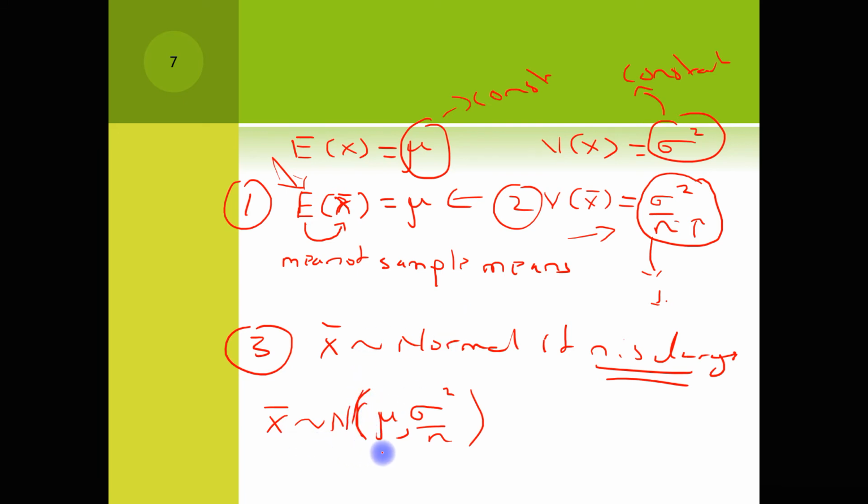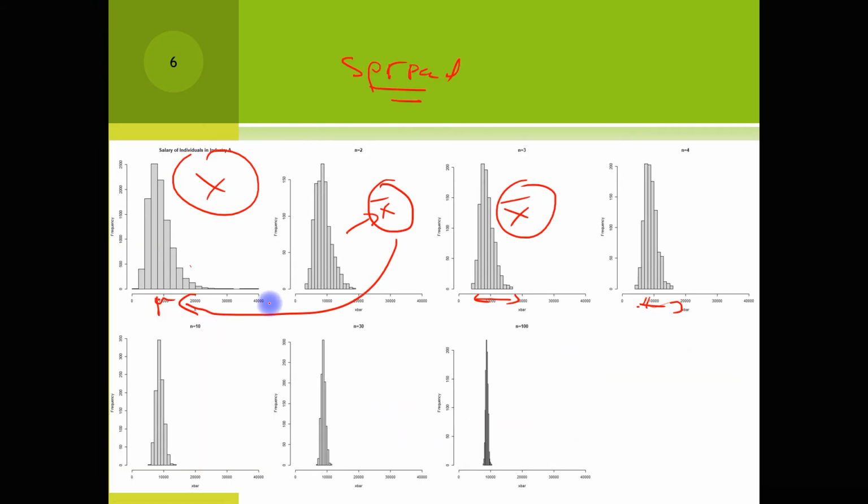So this is correct only if n is large. I repeat, if n is large. Otherwise, this is not correct because it may not follow a normal distribution, as we just observed. If the sample sizes are small, they still look a little bit like the population distribution shape.